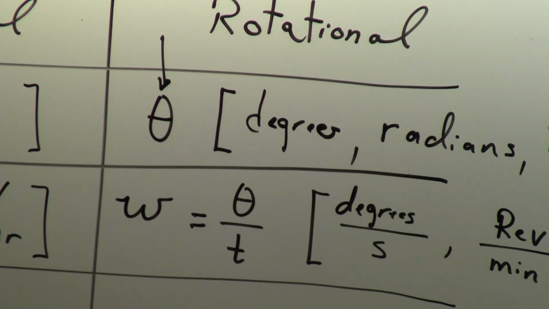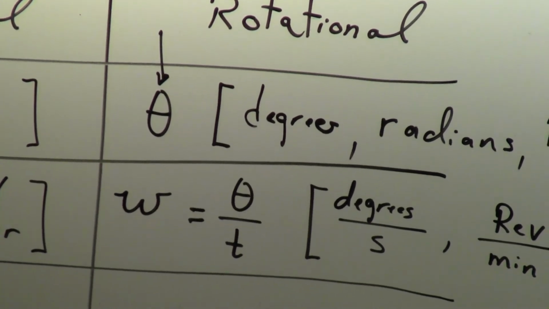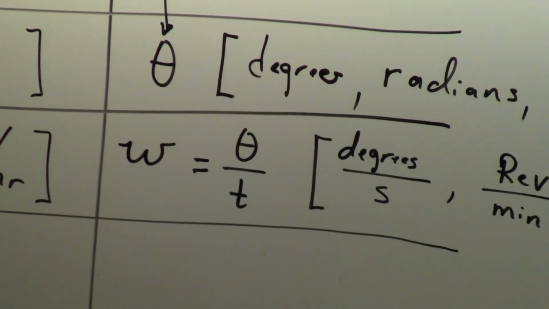So that is not a W. That is an omega. Okay? And so the omega is the symbol that we will use for the angular speed.